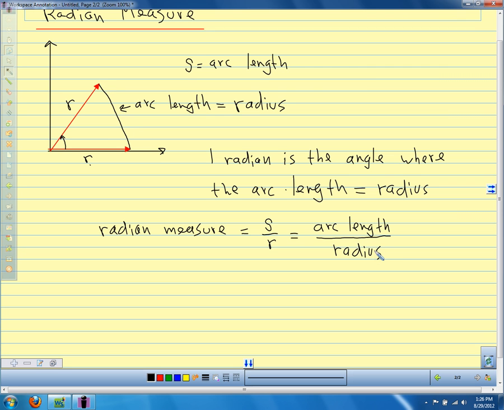There's a little easier way to work with it, because if we go around the circle 1 full time, what's the arc length? If we rotate around the circle the entire time, the arc length is what part of the circle?